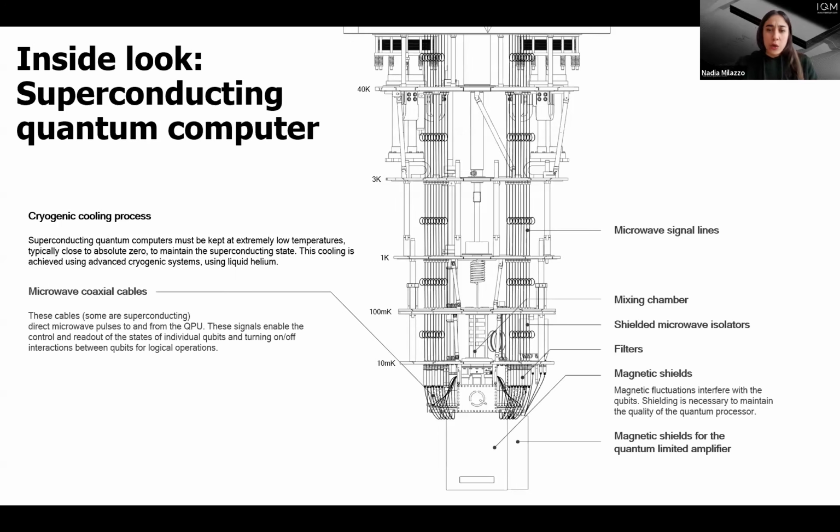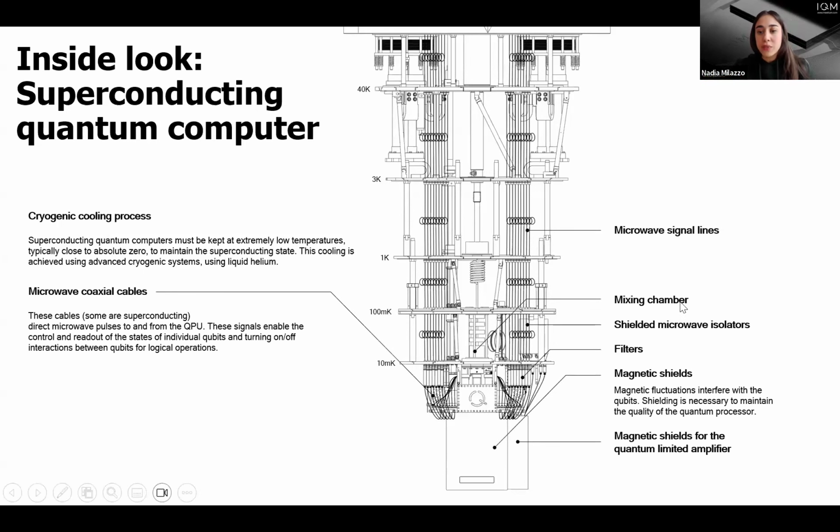But then you also have a lot of cables here. We will see later in the presentation that these cables are needed to manipulate our qubits in the QPU. In particular, those are microwave cables, some of them also superconducting.